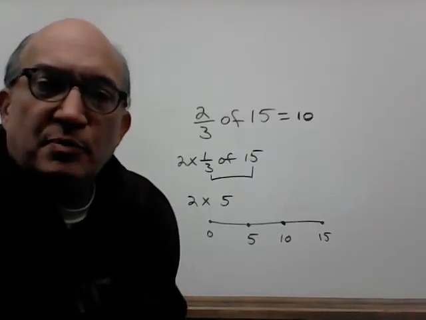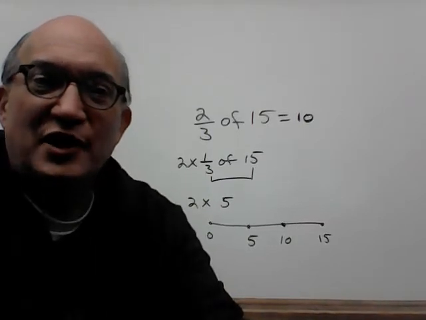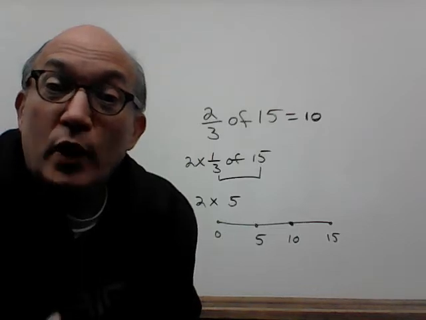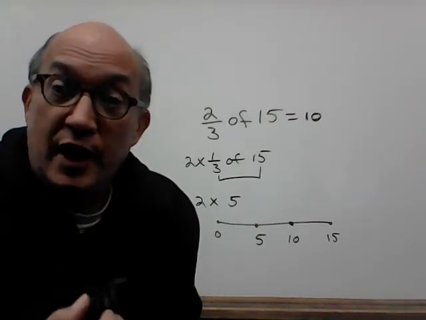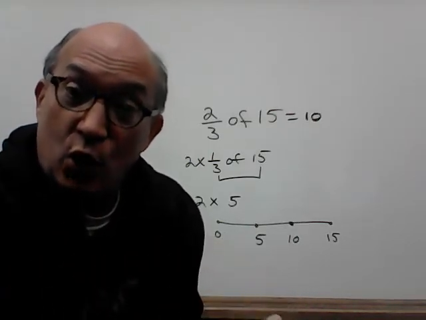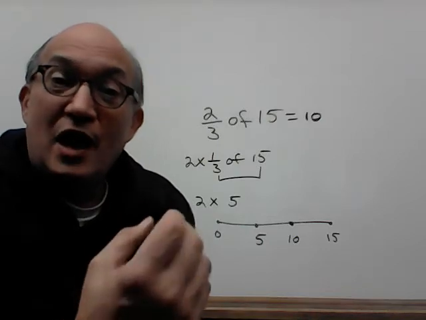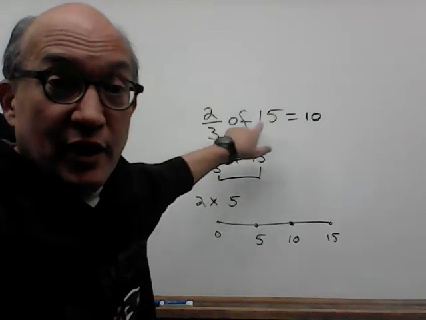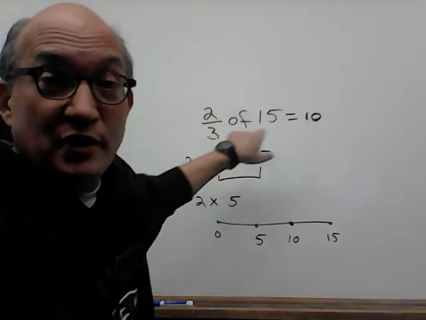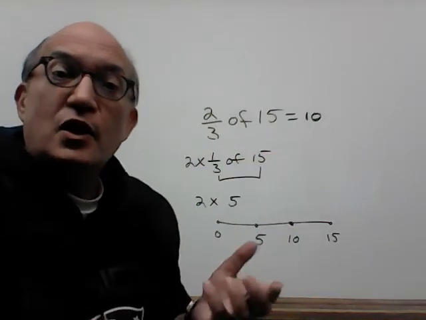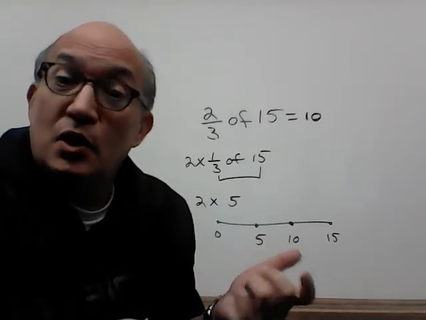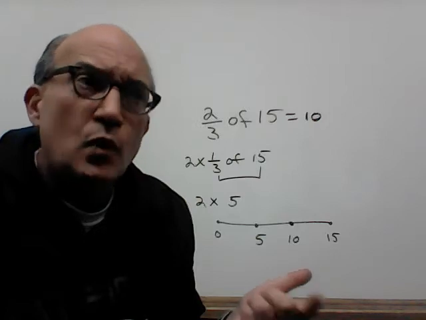In our first exploration of the multiplication of fractions, we focused on finding a fraction of a whole number where the product, or the answer, is itself a whole number. And that works, it comes out that way, when the denominator of the fraction is a factor of the whole number. 3 is a factor of 15, so that causes the question, what is 2/3 of 15, to come out to be a whole number, and the answer is 10.